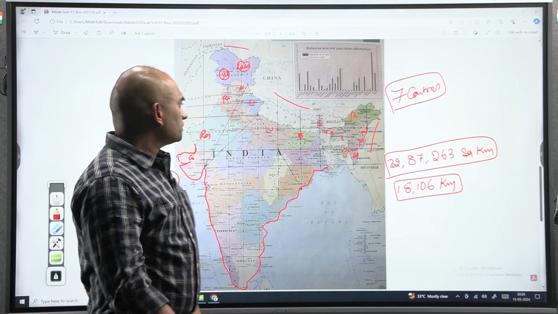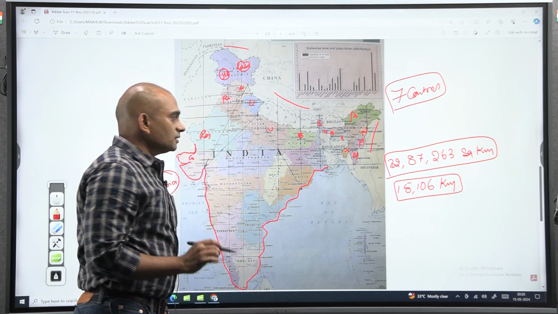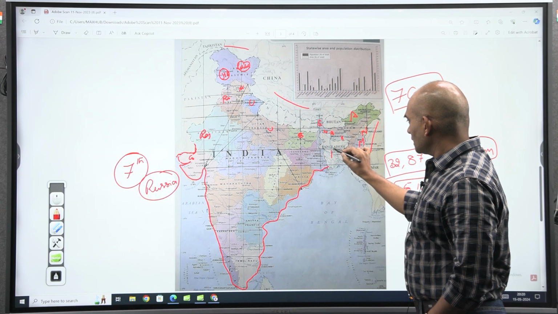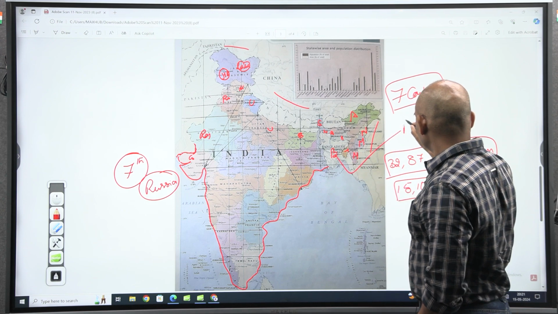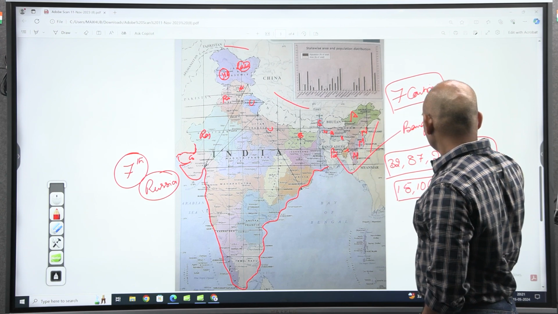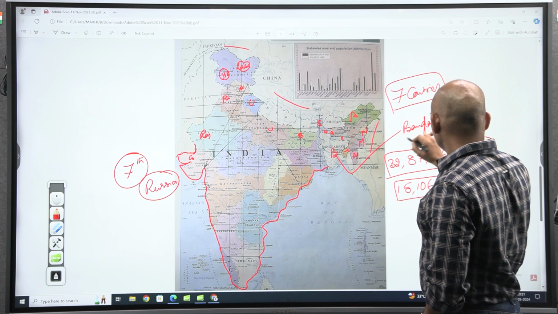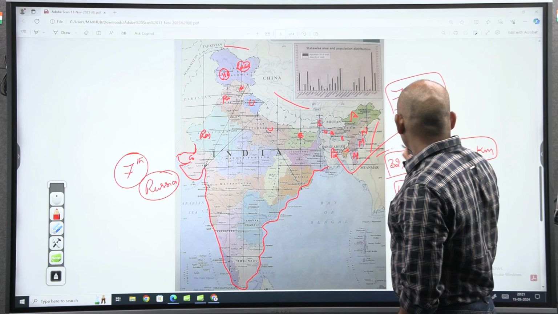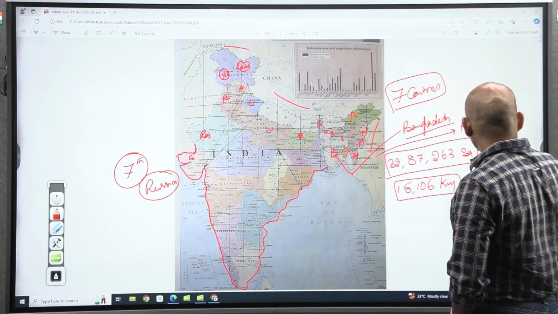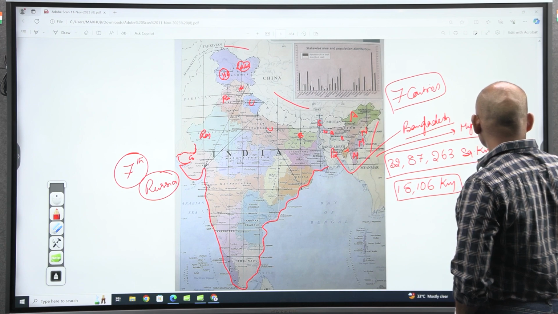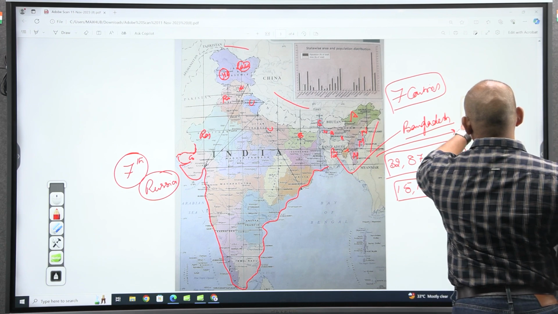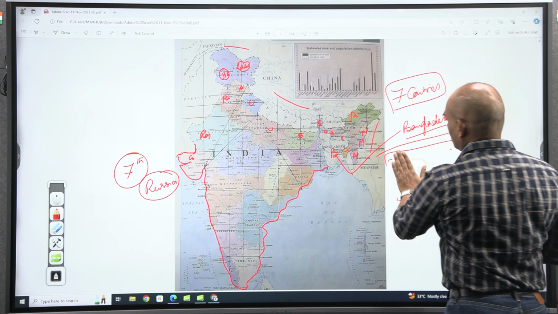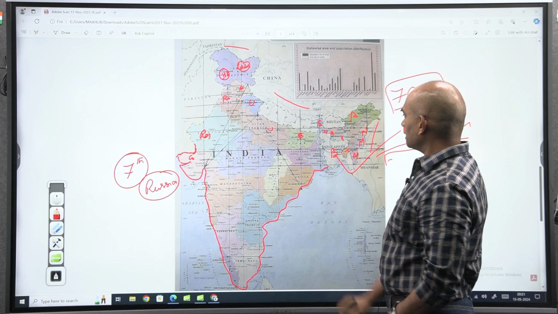If you look at this region, Bangladesh is here. This is Bangladesh. And this one is Myanmar, previously known as Burma. This one is Myanmar, and this one is Bangladesh.